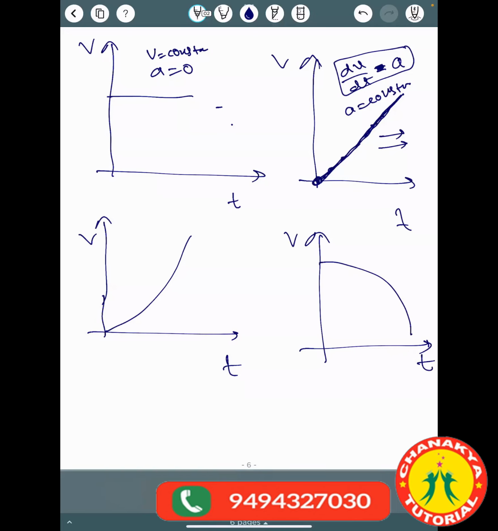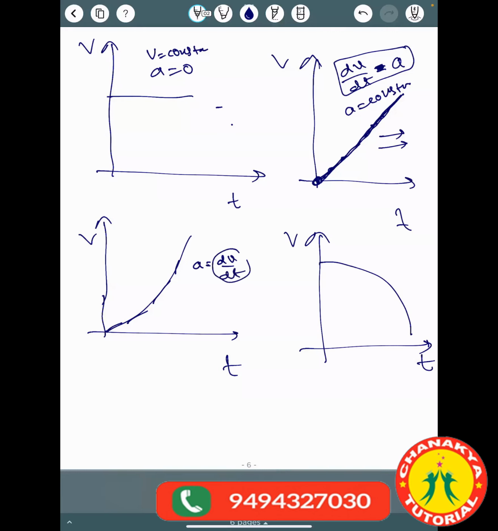Okay. Similarly, come here, what is happening? Here it is non-uniform, but still the v is increasing, right? So the acceleration at any point is also changing, because A is dv by dt.